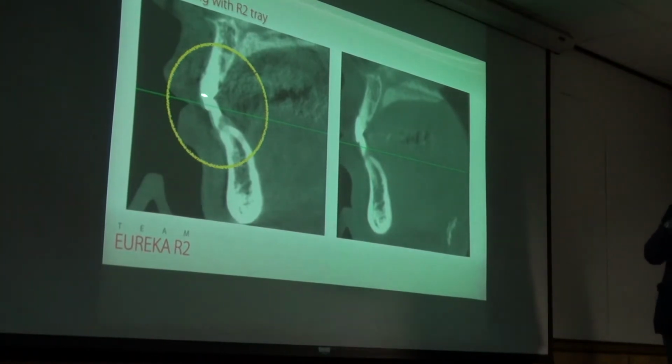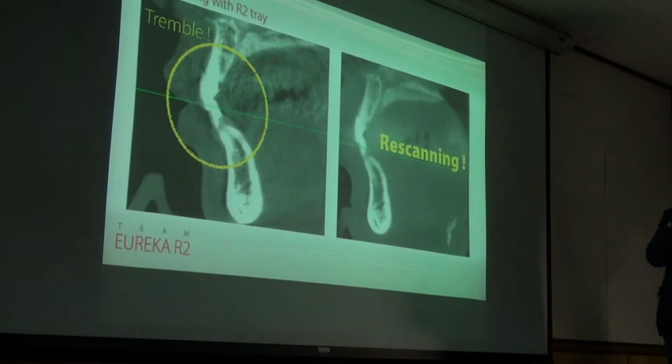But we don't know the real boundary of the tooth. So after CBCT taking, we always have to check for tremblings. If you find some tremblings, immediately take another CBCT. So I highly recommend rescanning.